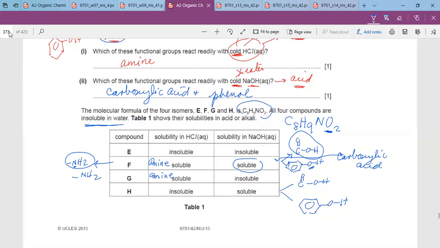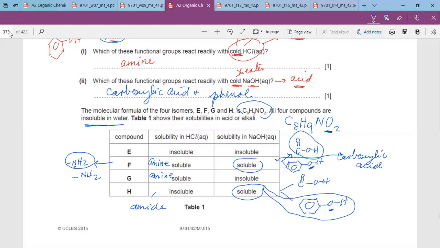Which means here it's not an amine. They're all different, which means here it's soluble, so it must be a phenol. If this is a phenol with one O, that means here must be an amine. Here must be an amine as well.